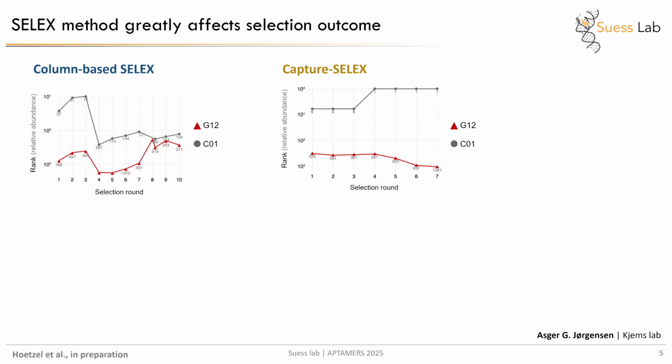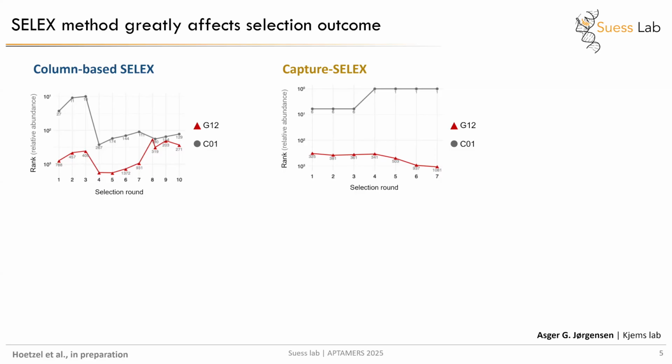In contrast, in the capture SELEX, C1 after round 1 was already in the top 10 sequences, at position top 6, and was the top 1 sequence in the pool from round 4 onwards until the end of the selection. In contrast to G12, that continuously de-enriched in abundance in the pool, ending up not even being in the top 1,000 sequences.